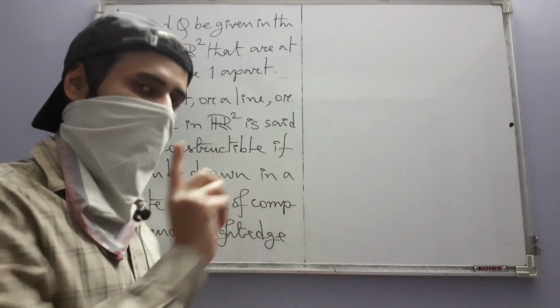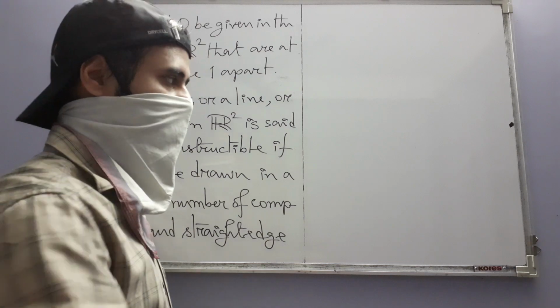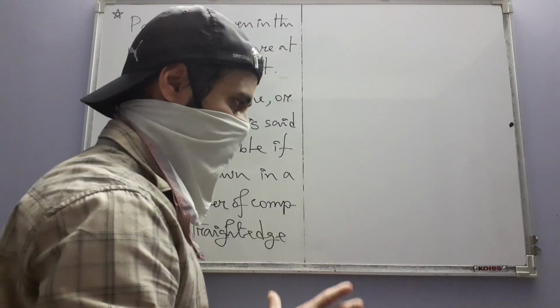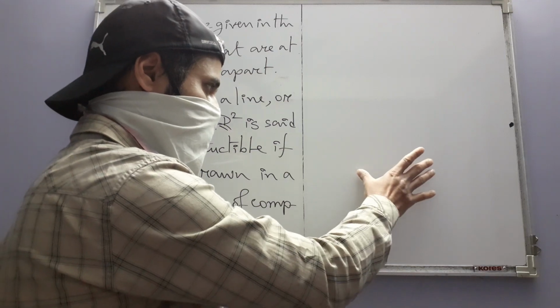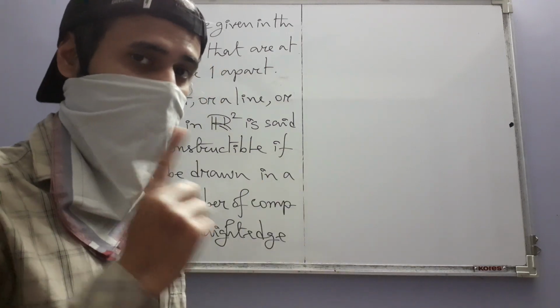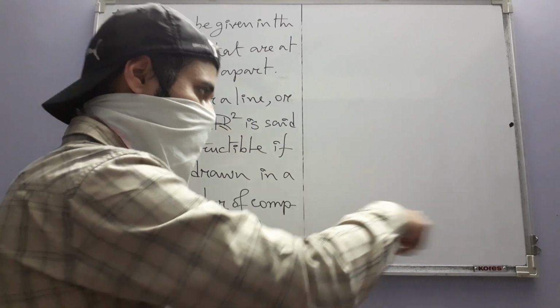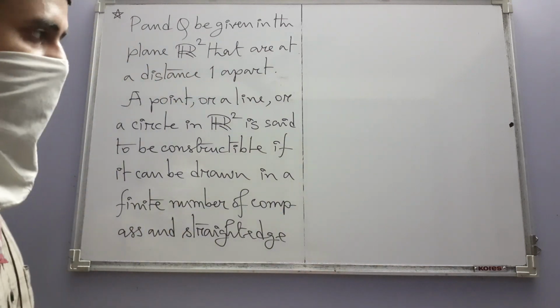That line will be a constructible line. Or you may choose to draw a circle somewhere in the plane with its radius equal to the distance between P and Q, which is 1. So that circle will be a constructible circle.